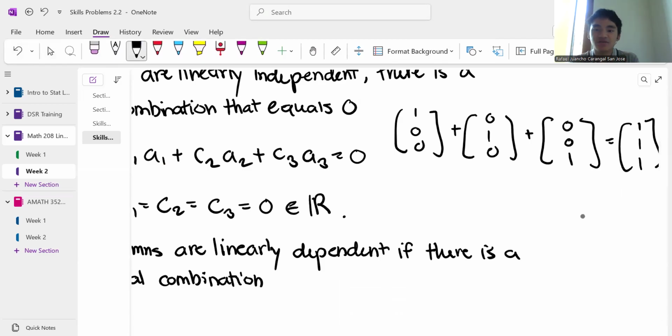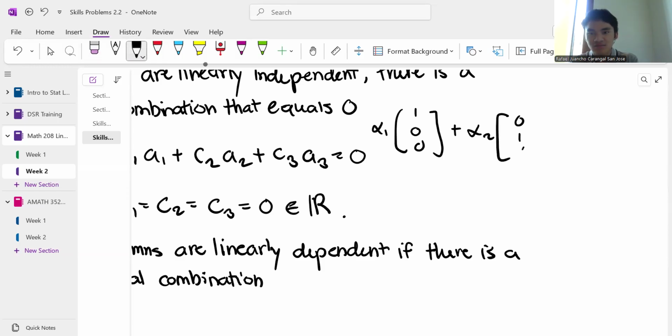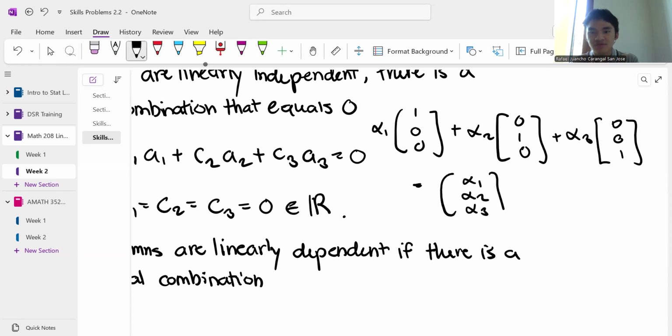And so if we add scalars to them, say let's add alpha 1, alpha 2, alpha 3. The moment we add these, well, then we have alpha 1, alpha 2, alpha 3, right? And they're equal to 0. So we say alpha 1 is equal to alpha 2, equal to alpha 3, equal to 0.